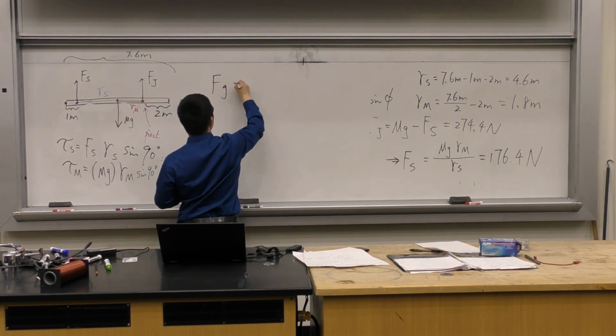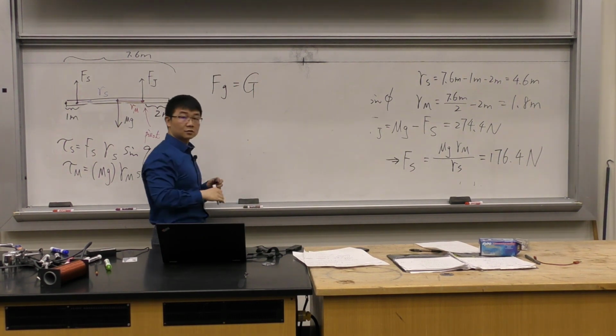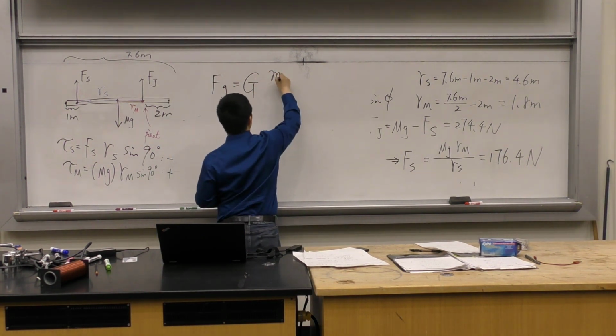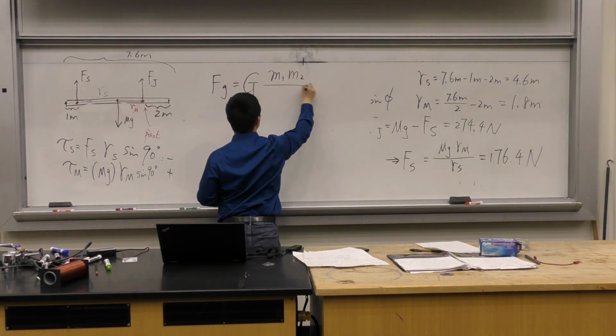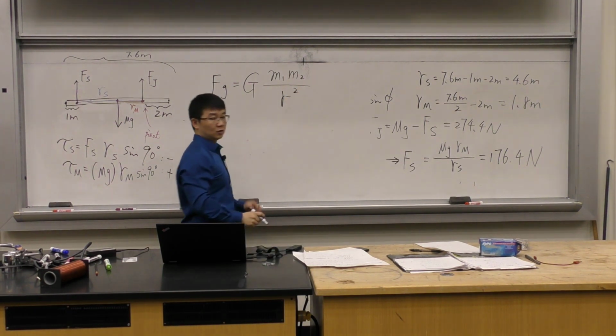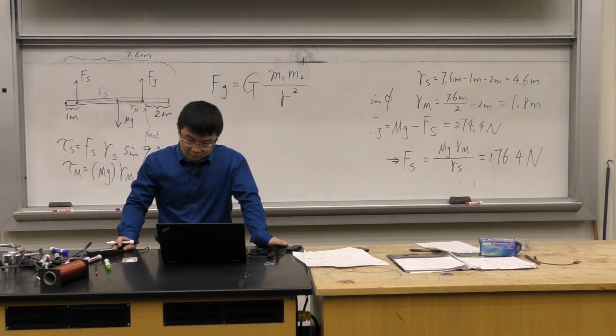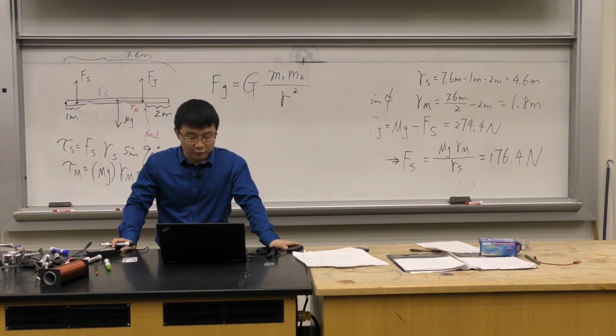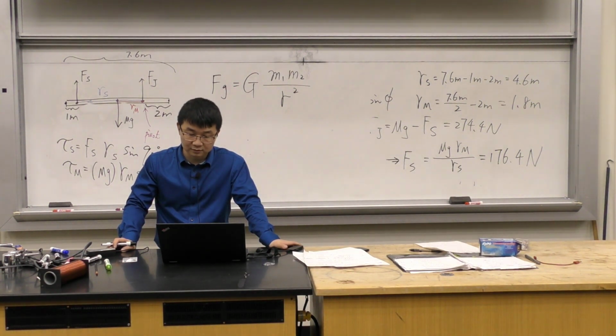The force equals big G, which is a constant, times m1, m2, the two masses, divided by the distance squared. Now this r is a distance. It's not radius. Sometimes it will become a radius, but this little r is not always radius.